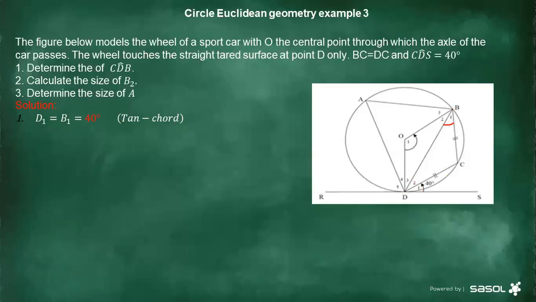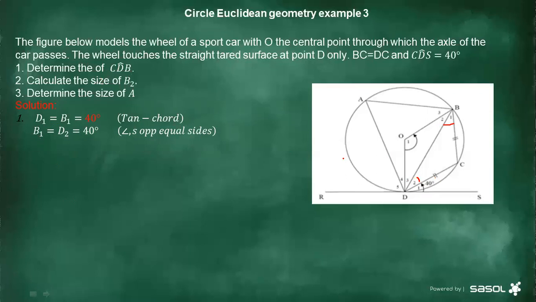Therefore this angle B1 equals angle D1. And then we say angle B1 equals angle D2, the one that we are looking for, equals 40 degrees. What is the reason? Angles opposite equal sides.